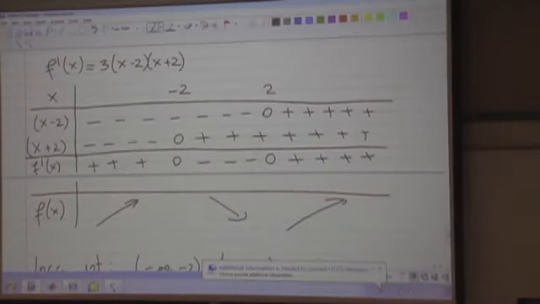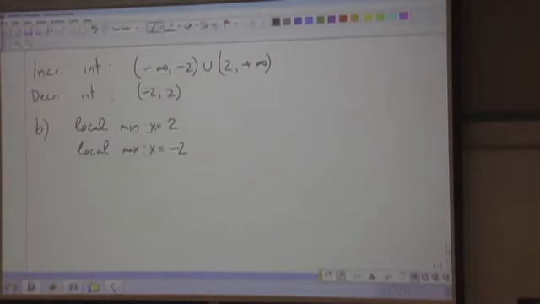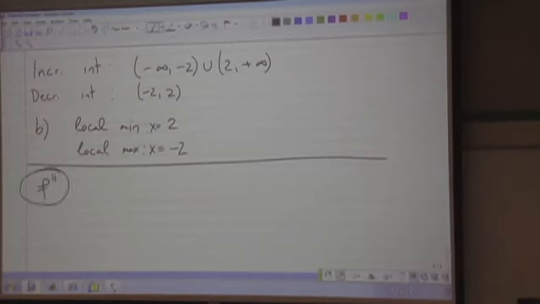Do you want to see another one, or should I talk about second derivatives? Second derivatives? Okay. So the question would be, what can I say about second derivatives? How would the second derivative help me in determining anything in relation to my function?